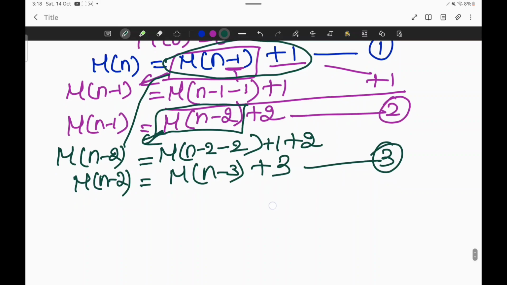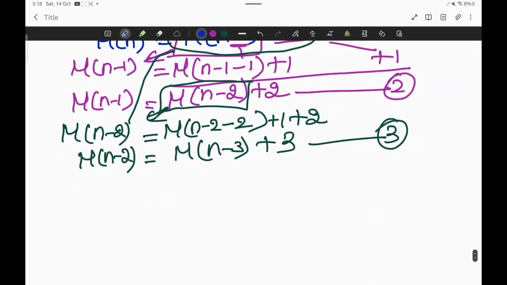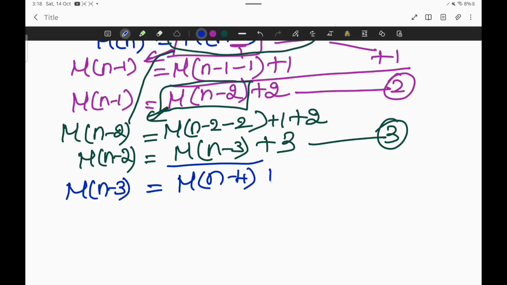That is n minus 3 plus 3. The same value will be there. So if you want to substitute n minus 3, it is n minus 3 minus 1 plus 1. So n minus 4 plus 4, that is the fourth equation.